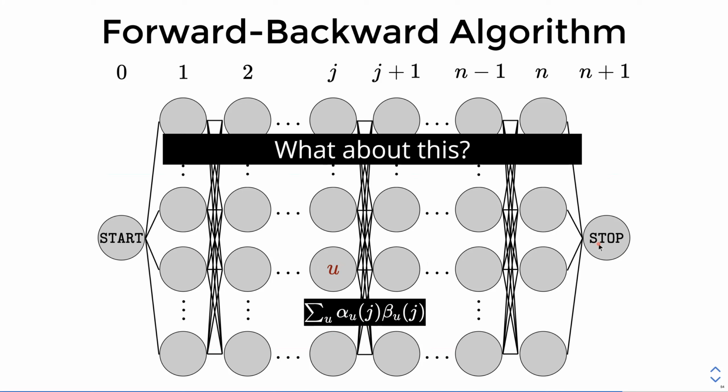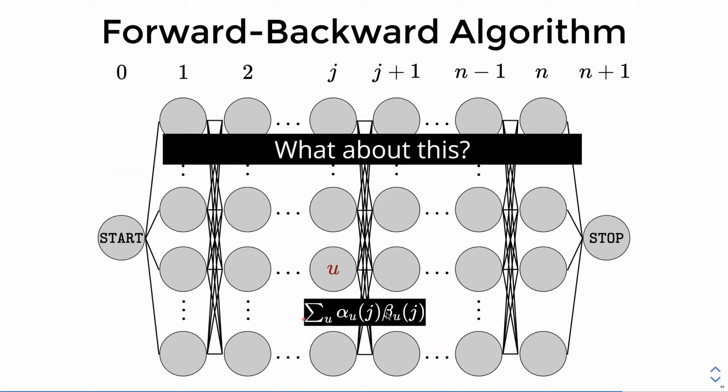Let me repeat. If you add a summation here in front, this term can be interpreted as the sum of the scores of all the paths connecting start and stop. So we have a nice interpretation of this. And then you quickly realize there's something very interesting.